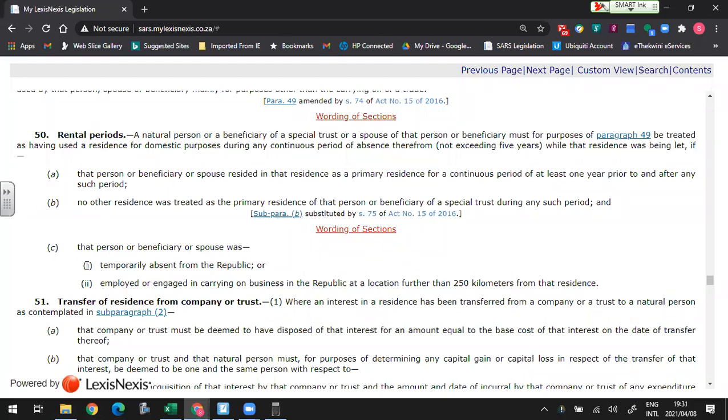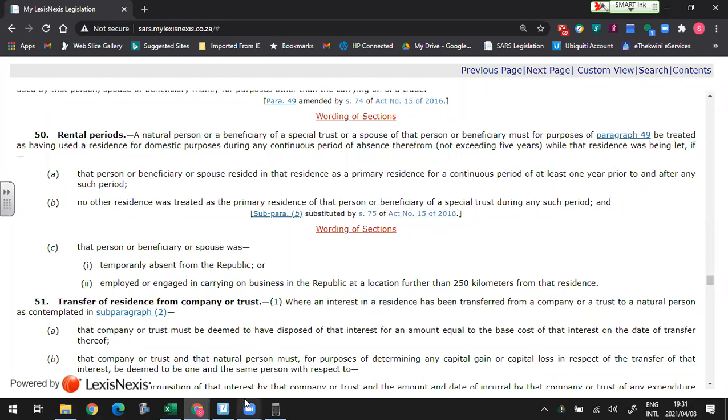B applies. C applies. But A does not apply because she was not resident for at least 1 year after she came back. Therefore, she cannot get the full primary residence exclusion and she needs to apportion on a time basis.